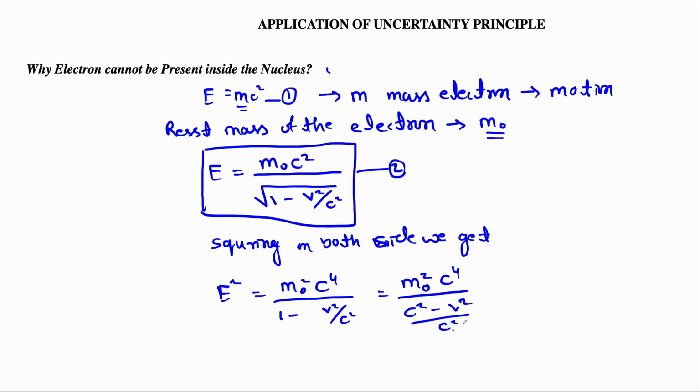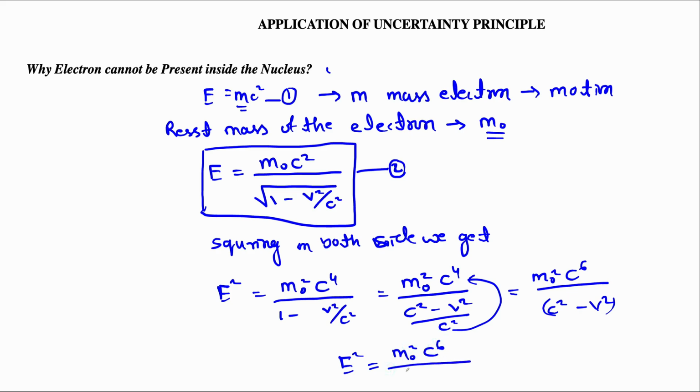So the denominator will go to the numerator, then ultimately we can write it as m naught square c raised to 6 divided by c square minus v square. So E square is equal to m naught square c raised to 6 divided by c square minus v square. Take it as equation number 3.